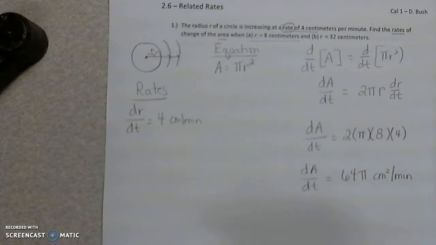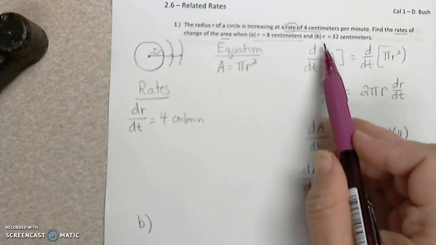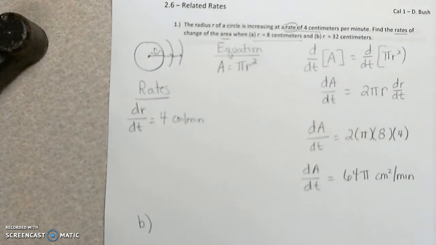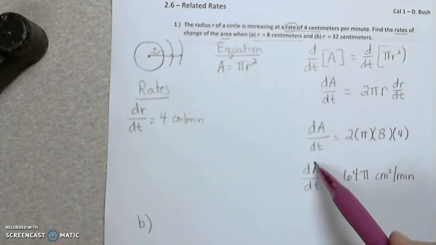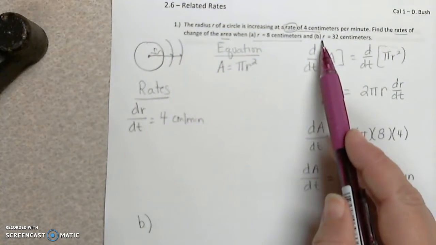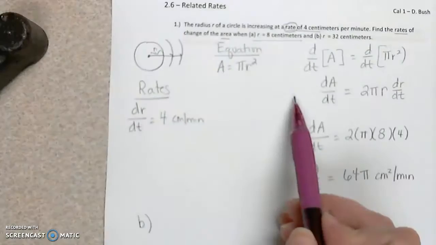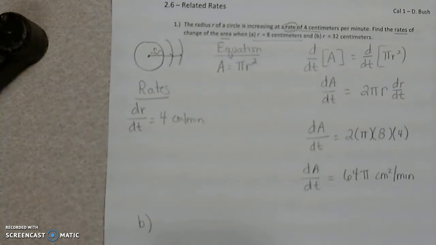Then part B asked me to find the rate of change of the area with respect to time when the radius is 32 centimeters. So I'm going to use this same formula here and fill in my information.